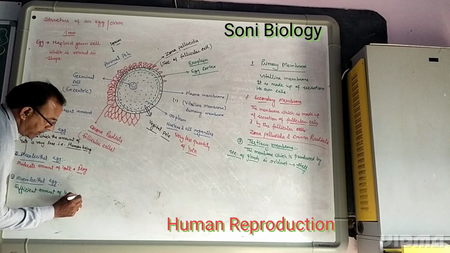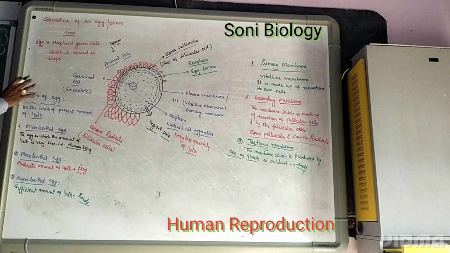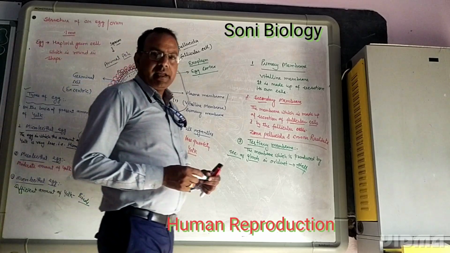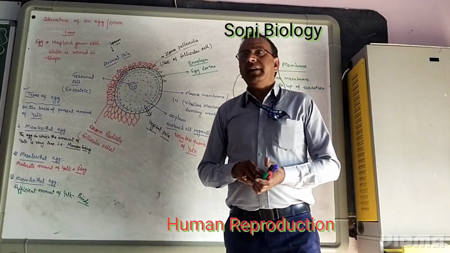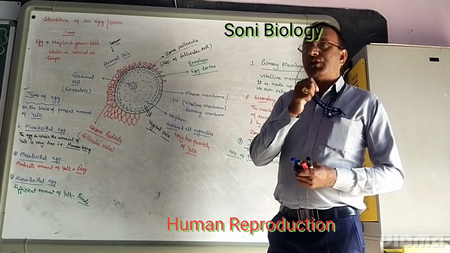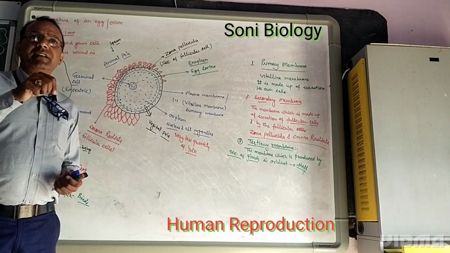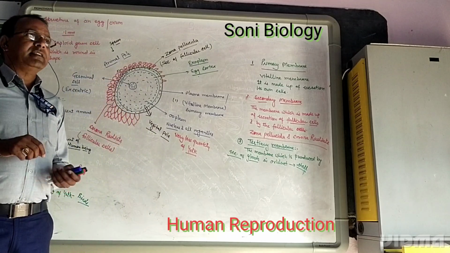For example, birds. So, on the basis of the amount of yolk, we can categorize eggs into three types: microlecithal egg, mesolecithal egg, and macrolecithal egg.